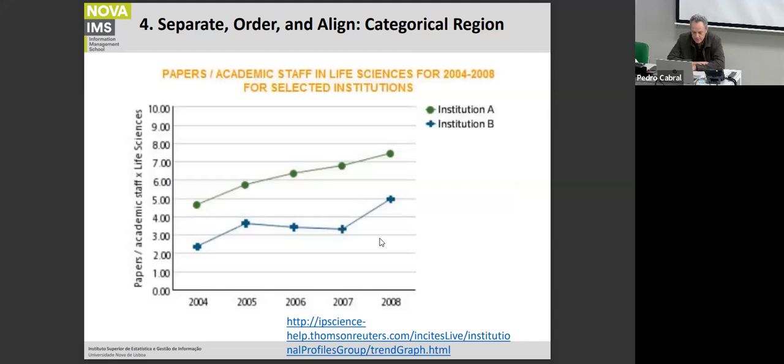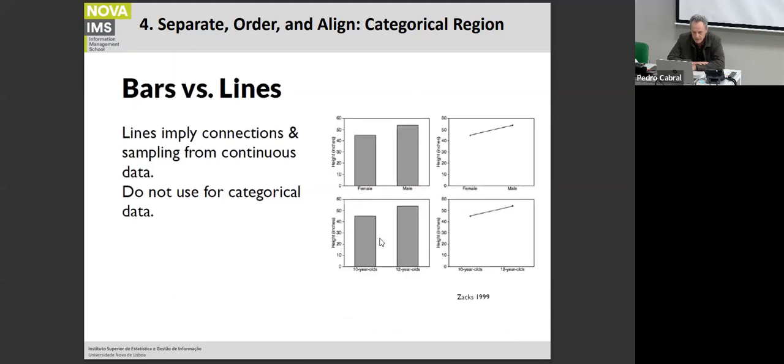Another example of line charts. One very common mistake is connecting ordered attributes or discrete attributes using lines. Okay, so we should never do this. Okay, you cannot connect items which are not continuous.